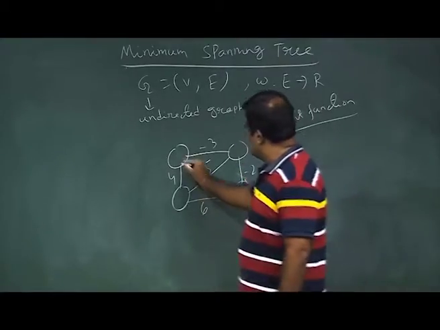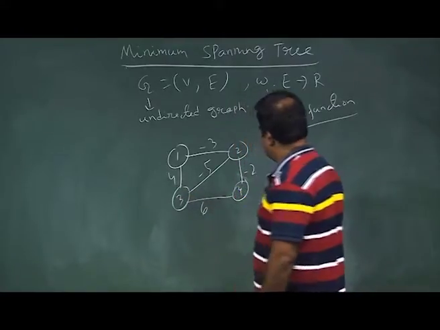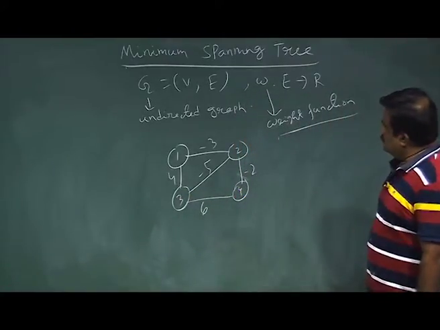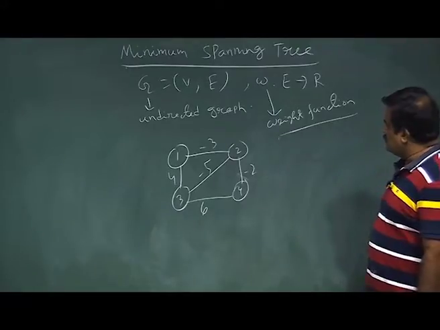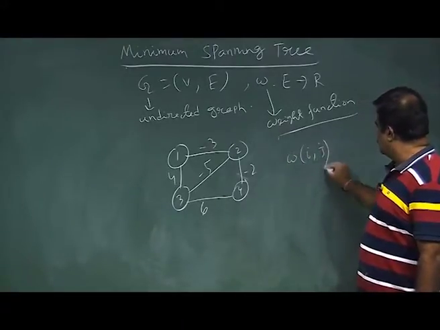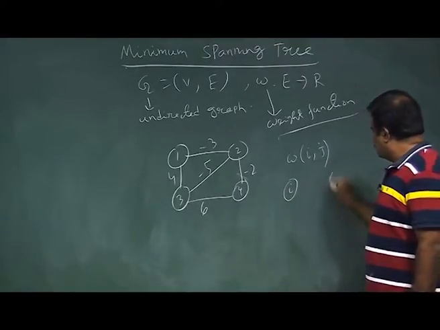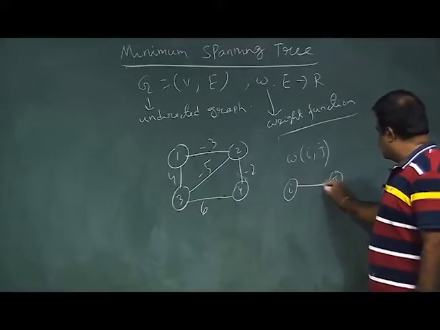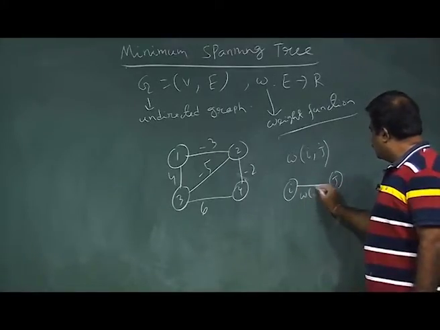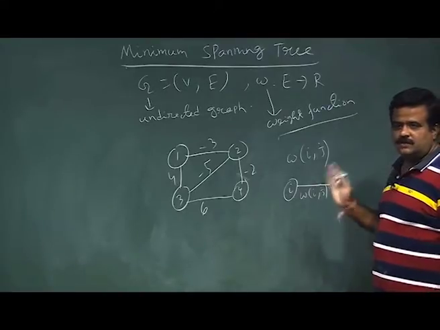These are the vertices V1, V2, V3, V4. This is the weight function. W of i j is, if i and j are two vertices and there is an edge, the weight on that edge. So the weight function is also another input.